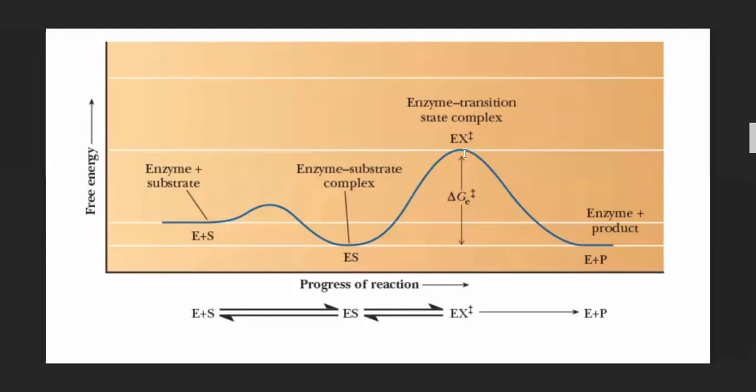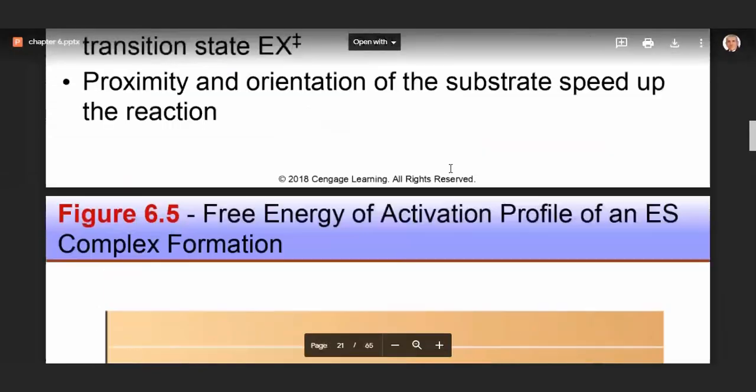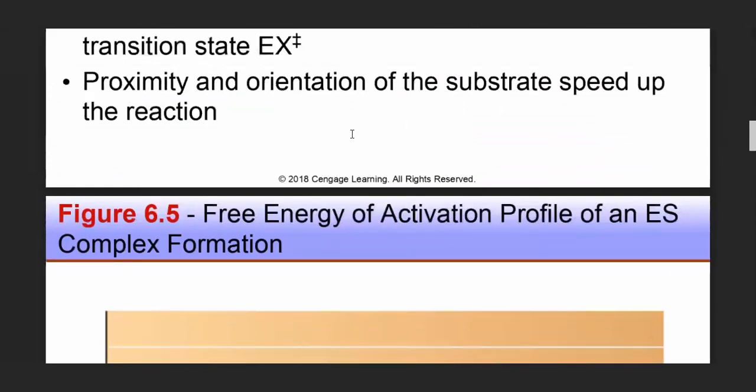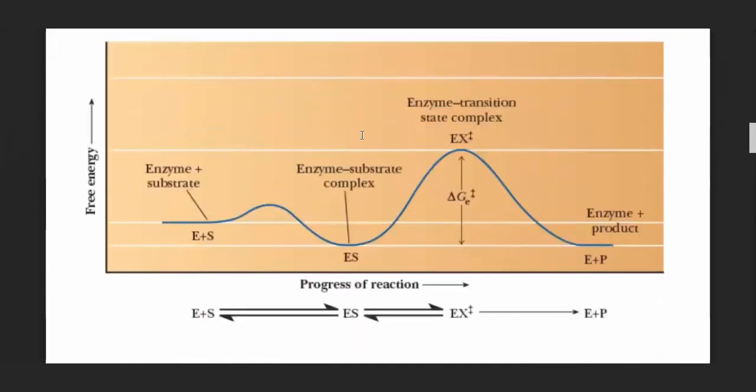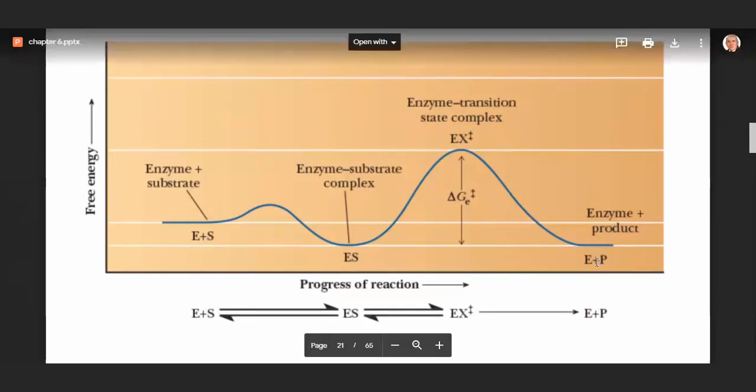So with two things, the proper proximity and proper orientation of the substrate, the reaction speeds up. The enzyme, with proper orientation and close enough, will lower the activation energy and go down all the way to generate the product.